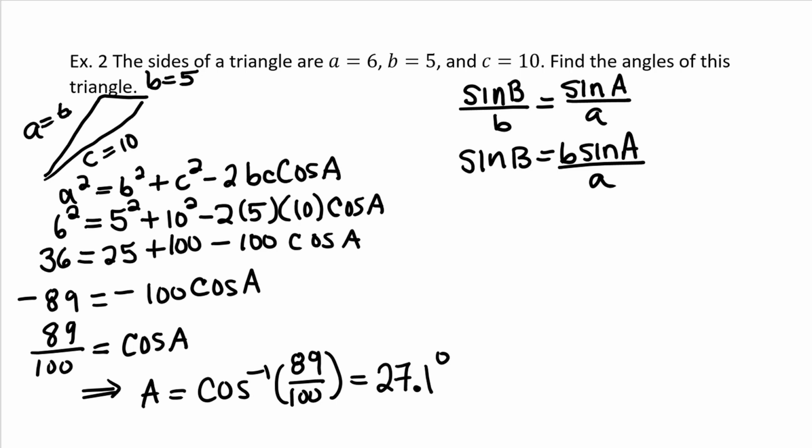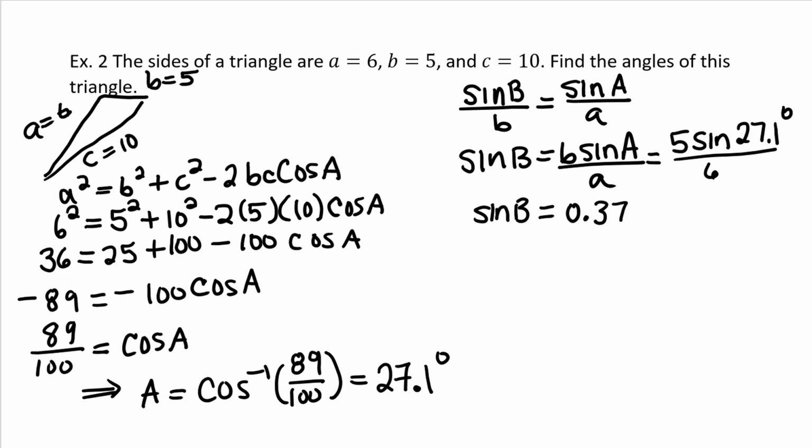Let's replace that with some numbers. The length B is 5, and we're going to use the sine of 27.1 degrees. That's the angular measure we just got. And the length of A is 6. So use your calculator to compute 5 times the sine of 27.1 degrees divided by 6, and you should get 0.3799671039.